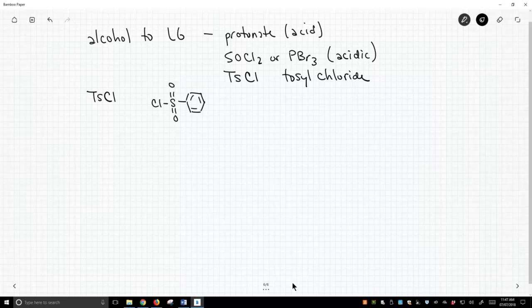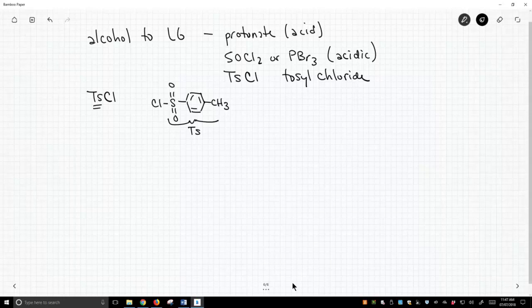It's a little bit bigger structure, and you might say, oh my goodness, what a mess. Well, this is why no one writes out the full structure of tosyl chloride. Everybody just writes Ts. Ts comprises that part of the molecule. Now, don't be ignorant about what tosyl chloride is, but everybody uses this shorthand. No one writes out this structure all the time.